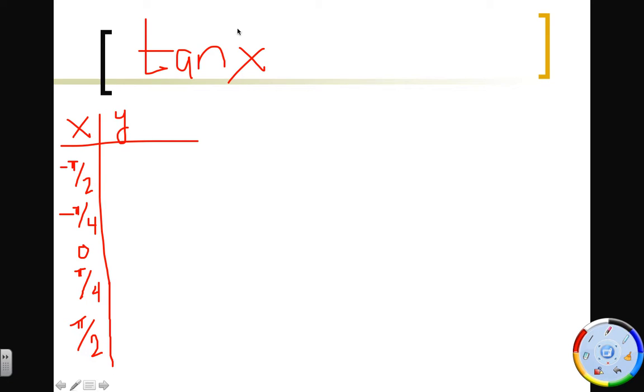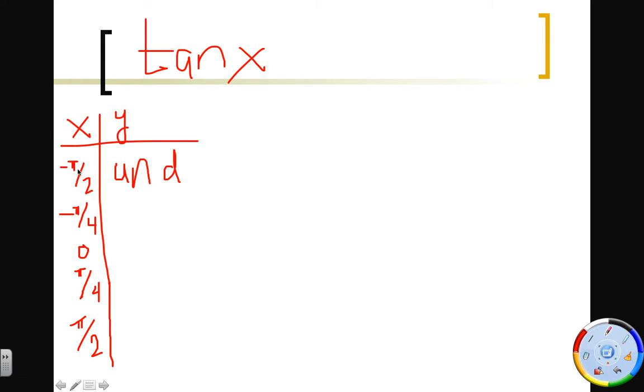All right, so we're dealing with tangent, and you might notice some very interesting things. First of all, tangent of negative pi halves, so negative 90 degrees. If you go to your circle, or use your hand trick, the tangent of negative 90 is 1 over 0, and 1 over 0 is undefined.